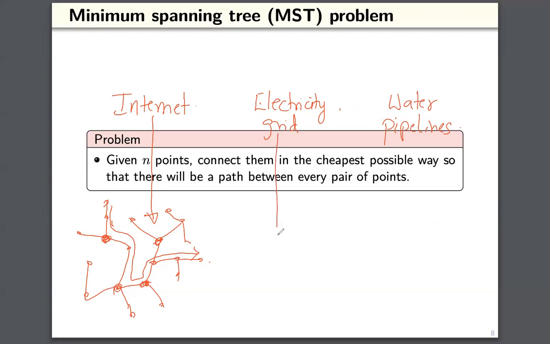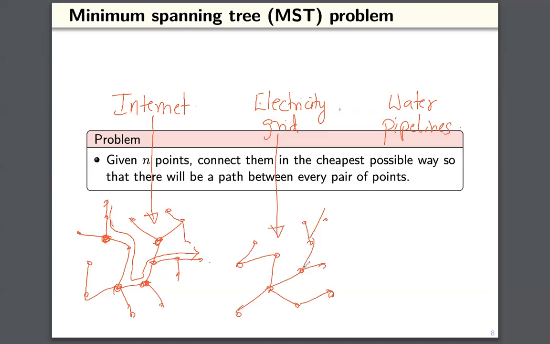Okay, then electricity grid. Again, homes, offices, schools, and so on are the nodes here. And what is the electricity grid? Again, you can think of this as an MST. See, you don't see wires between every 2 homes, right? So you will have a grid. Maybe you will have something like routers here, right?